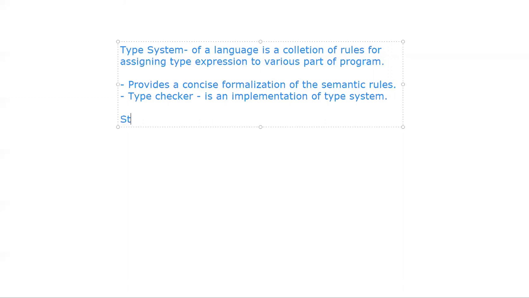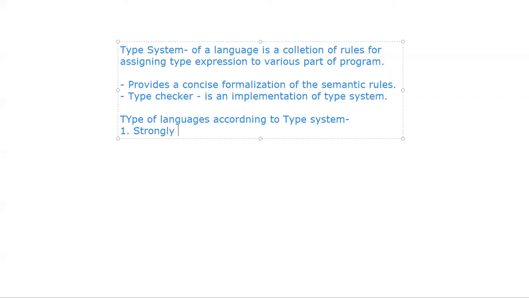So now let's discuss strongly typed languages. There are two types of languages in terms of type checking. Which languages are we talking about? We are talking about programming languages. According to the type system, one is strongly typed languages, and the other is weakly typed languages.